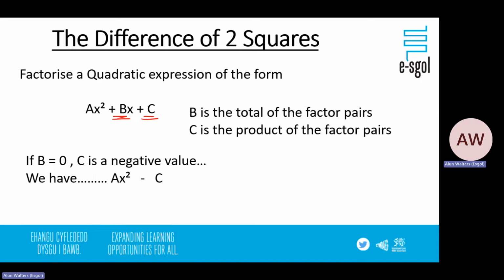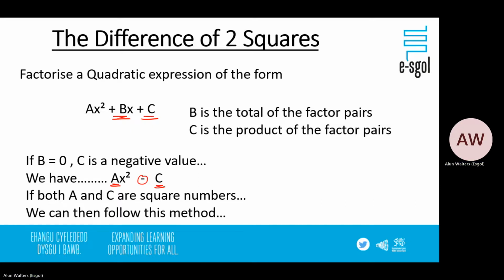It's still factorising a quadratic, but we look for this because the letter a, or the number in front of the x squared, is always a square number, and this is always a square number, as I've said, and there's a different sign or a negative sign in between. Then this is the method we follow. It's about identifying this.